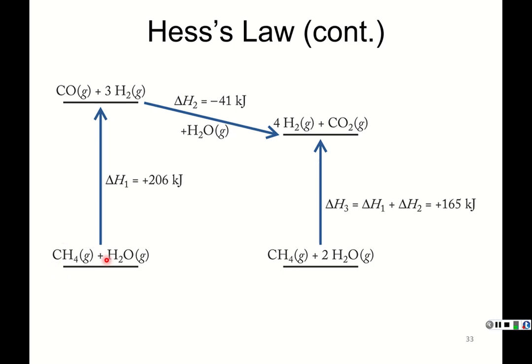So methane plus water going to carbon monoxide plus 3H2, and then this going to 4H2 plus CO2 when we add another water. So we can do these 2 steps, and maybe those enthalpy values are known, you can look those up in a table, let's say, where we couldn't look this one up. We can just add these 2 together to get the enthalpy change of the overall reaction that we're interested in.